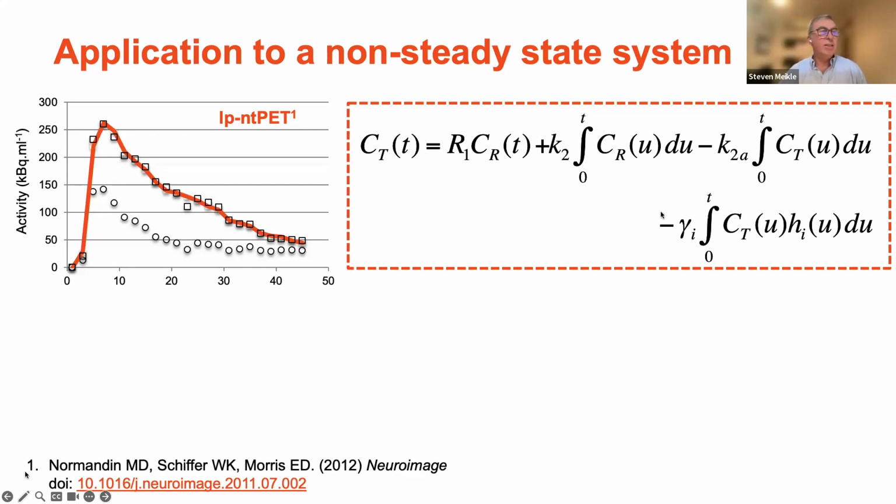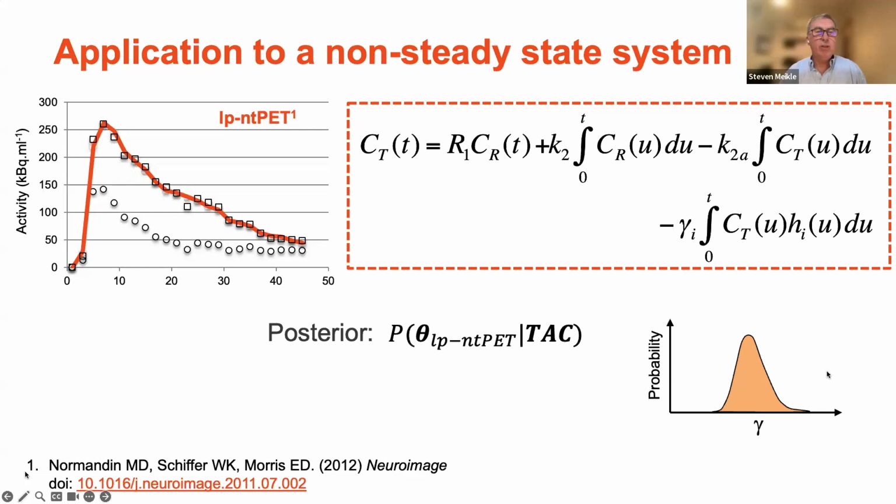So as Evan said, it's this last term that describes the non-steady state condition, the dopamine transient, and that's the one typically that we're most interested in. So when we're using these Bayesian methods, the posterior density that we're trying to estimate is this one. We're trying to estimate the vector of model parameters shown in this model above, the parameters for the LPNT PET model.